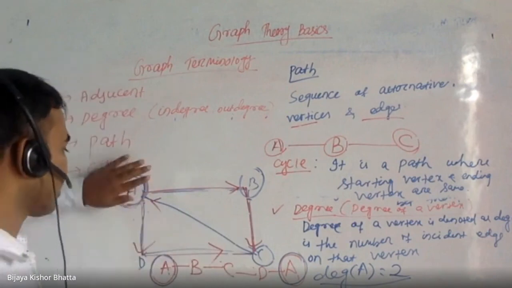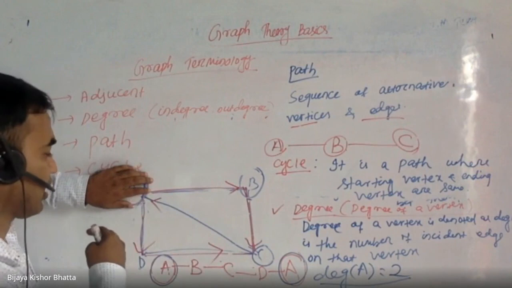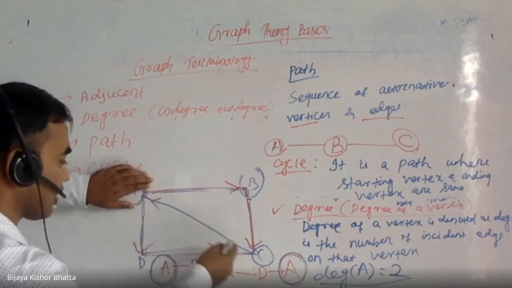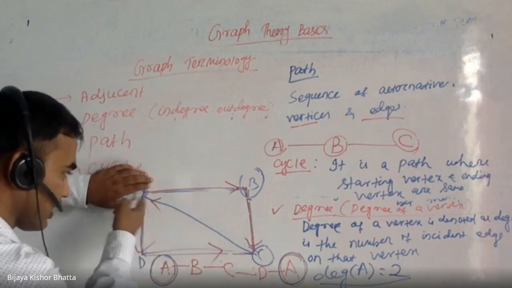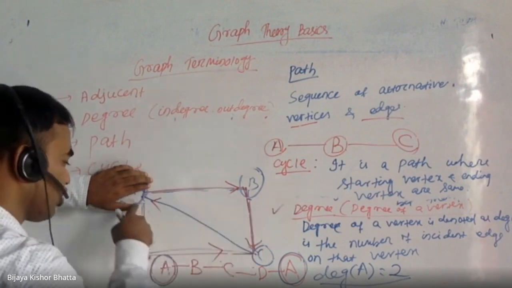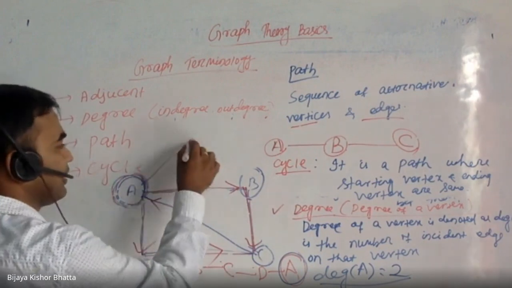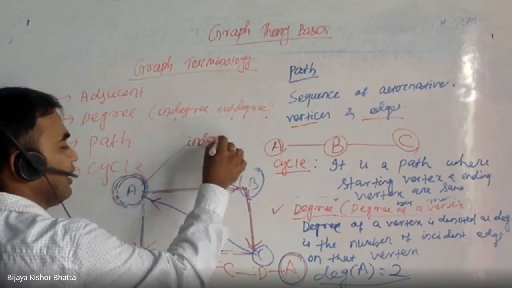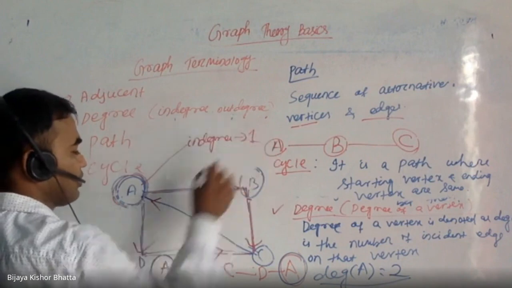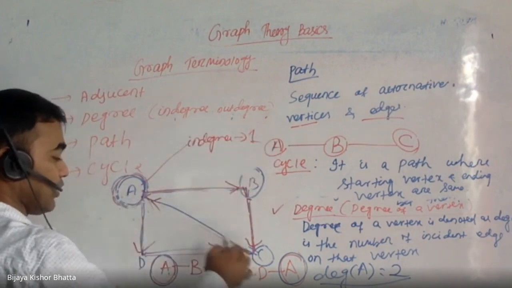In degree means, for the same vertex, how many edges are coming into that vertex? This edge is coming in, with the direction towards it, while this edge is outgoing, and this edge is also outgoing. So for this vertex the in degree is 1, because only one edge is coming in this direction.